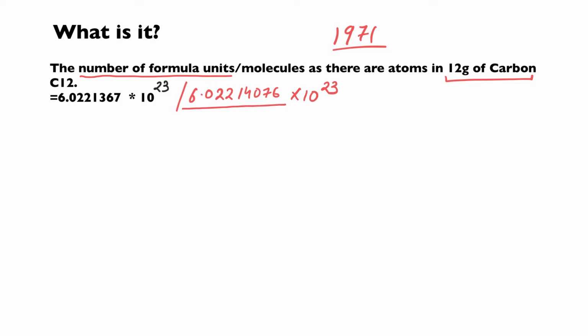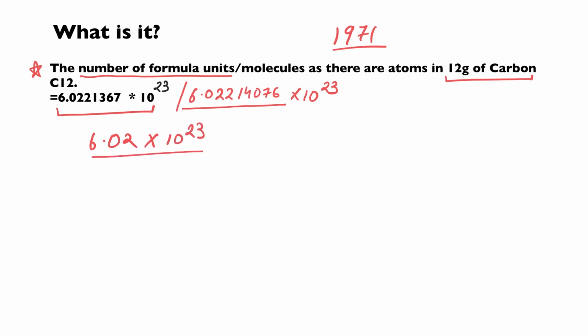But for all practical purposes, you can use the working definition, that is, it is the number of formula units or molecules as there are atoms in 12 gram of carbon C12. That comes out to be this number, or simply up to significant digits 6.02 times 10 to the power 23.